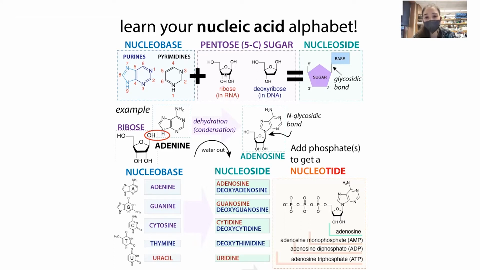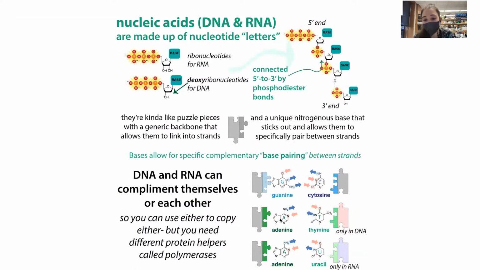So RNA and DNA differ in that RNA has this 2 prime hydroxyl group that DNA doesn't, and RNA has uracil while DNA has thymine instead. But uracil and thymine can both pair with A, which is why you can make DNA from RNA and RNA from DNA, using one as a template for making the other.